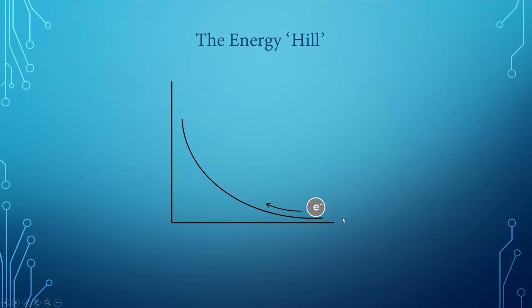Now, if we put energy into this electron, let's suppose we give it a little bit of energy. We heat it or pass some electricity through it. The electron is going to move up the hill a ways, but then it's immediately going to fall back down. It's just like if you kicked a ball up the hill, it's going to roll right back down again. But in the case of the electron, it's going to emit a photon of electromagnetic radiation.